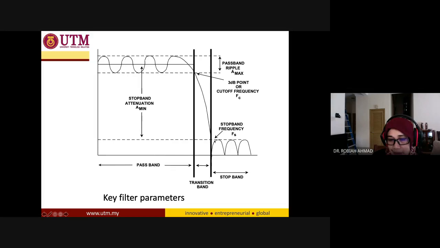So this is some certain percentage that can be considered the stop band frequency. Because if, for example, this signal keeps on oscillating like this, we cannot identify when it will stop. So usually, let's say we declare 5% of the frequency, and then we calculate, so this is the stop band frequency, so we can identify what is Fs.